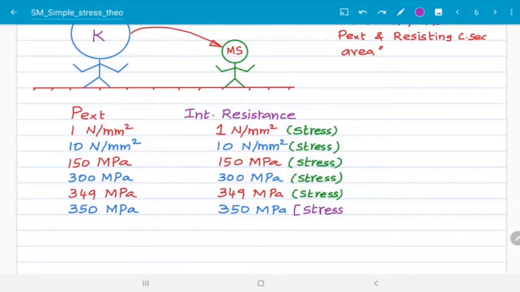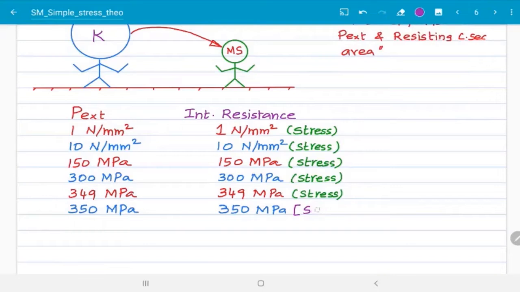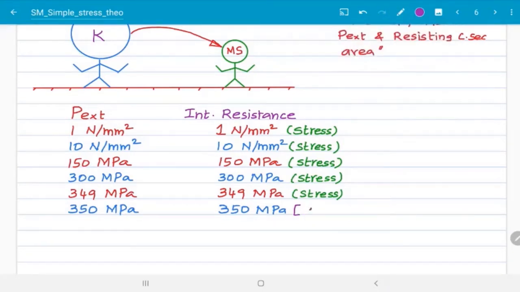Failure is happening, sir. So at failure, the 350 is also stress. Already you were told stress is renamed into strength.